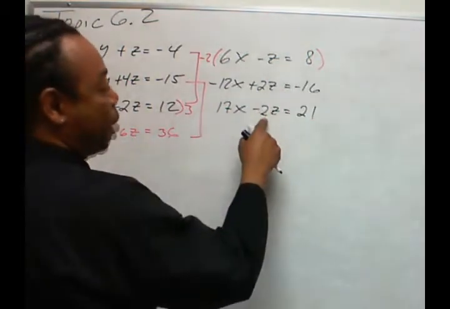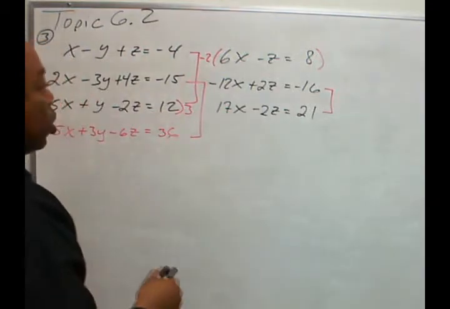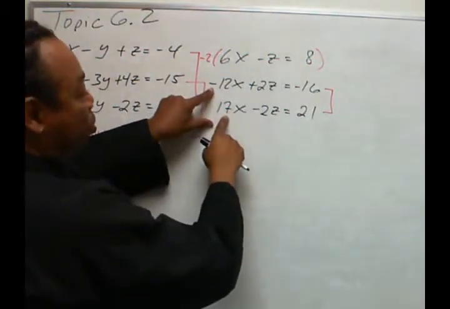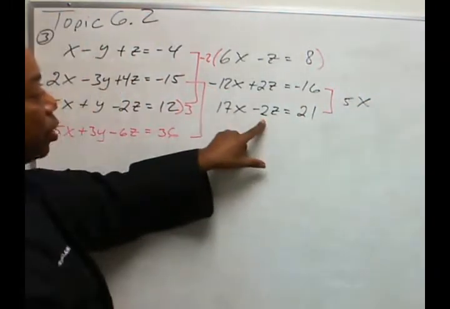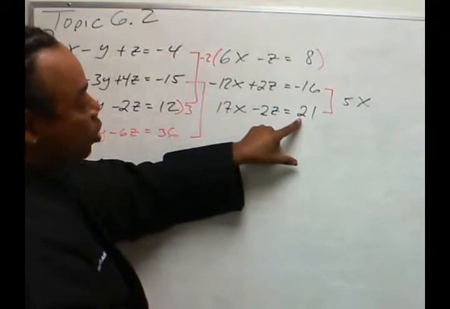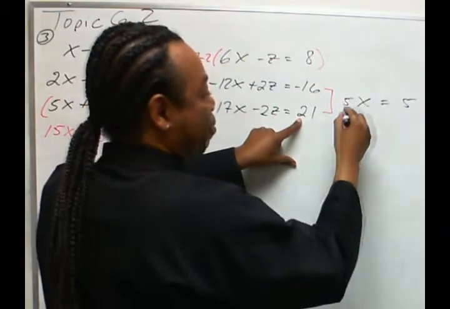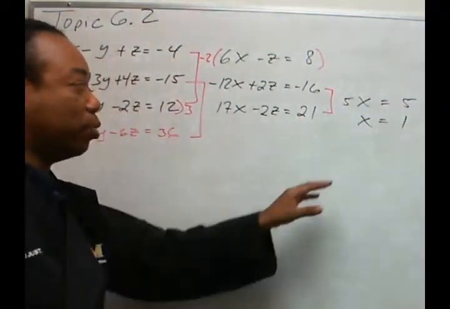So now I can combine these and eliminate the z's. A negative 12x and a positive 17x gives me 5x. These cancel, and a negative 16 and a positive 21 gives me 5. And 5x equals 5 implies x is 1. So I've just solved for x.